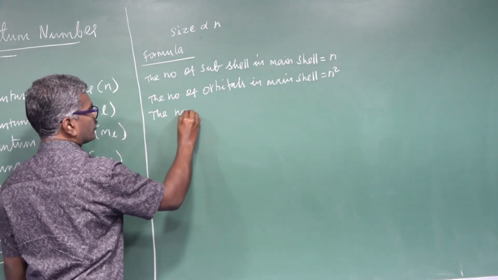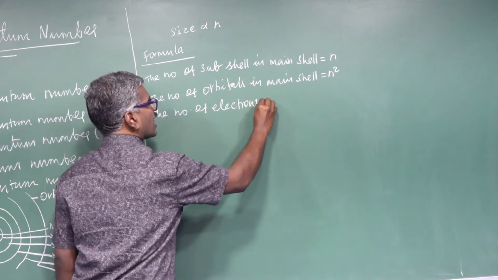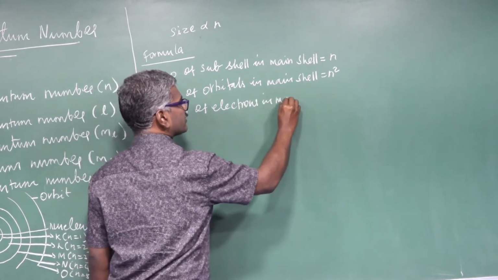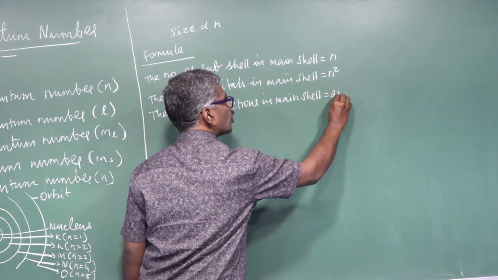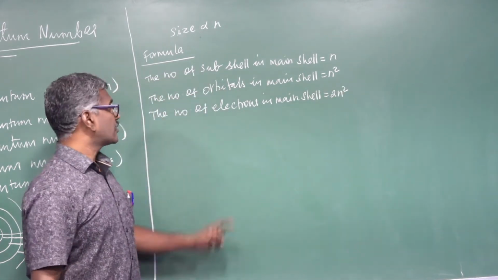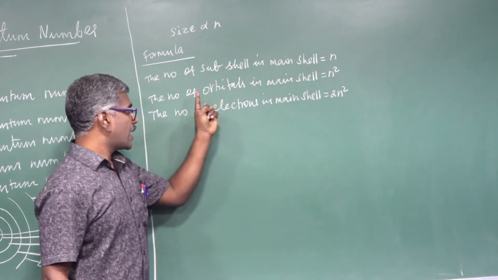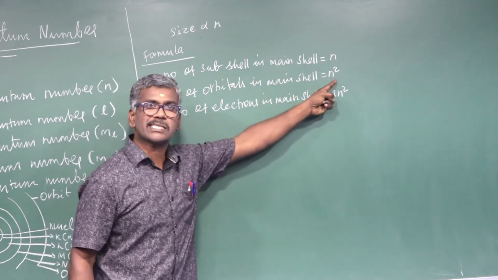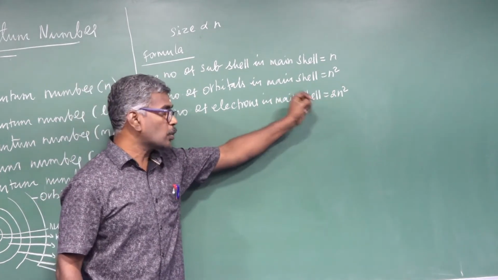The number of electrons in the main shell is equal to 2n square. What is the formula? Number of subshells in the main shell is n. Number of orbitals in the main shell is n square. Number of electrons in the main shell is 2n square.